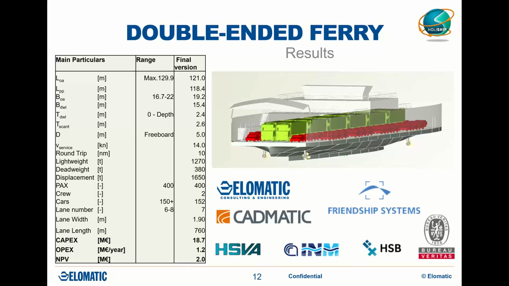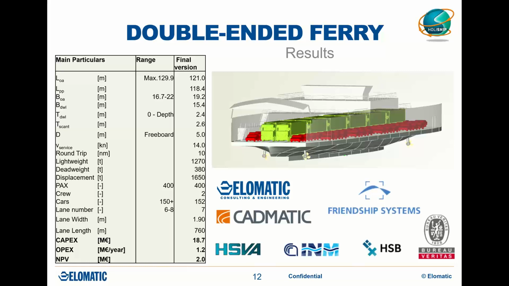Yeah, thanks, Mattia. I will indeed wrap up these presentations by showing the final results and final design variables that we ended up in the double-ended ferry case study. So in this table, you can see the main particulars of the ship, like length overall, breadth overall, draft, depth, service speed, and for example, car lanes.